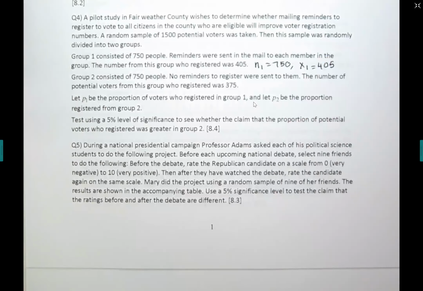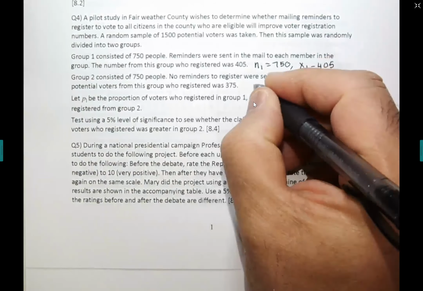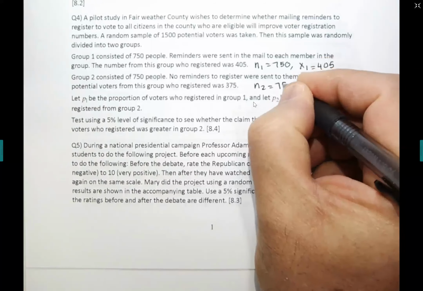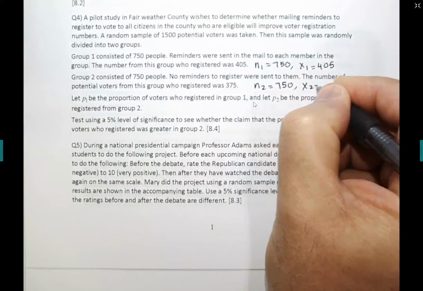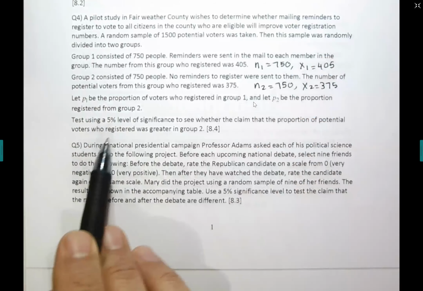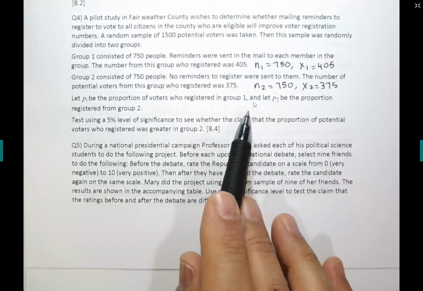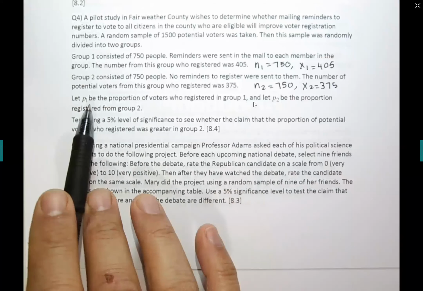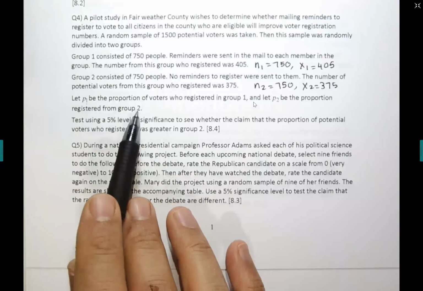No reminders to register were sent to them. The number of potential voters from this group who registered was 375. So N2, you agree, is 750, and X2 is 375. Let P1 be the proportion of voters who registered in group 1, and let P2 be for group 2. So he's making it easier. He's telling you which one is P1 and which one is P2.